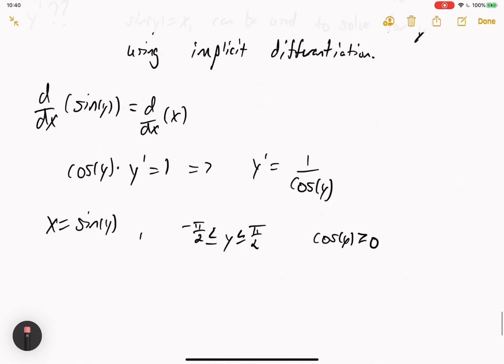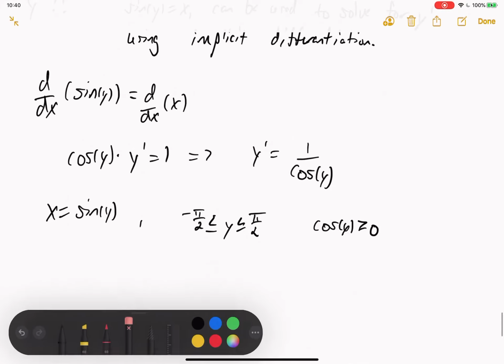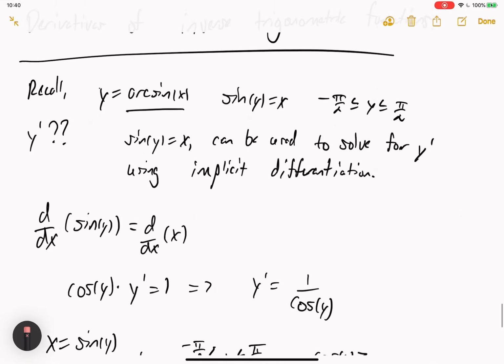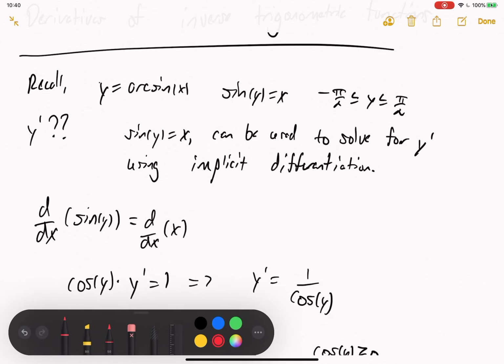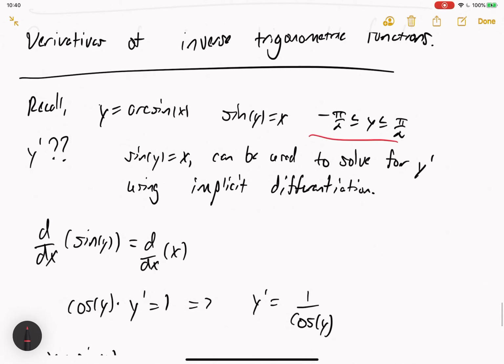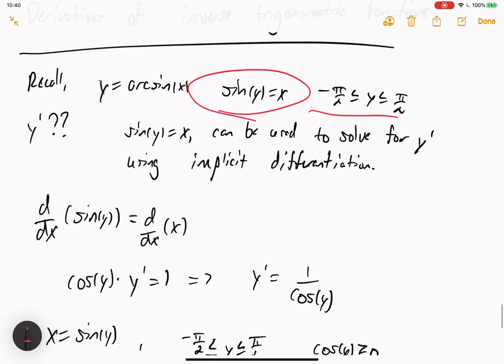Okay, so let me just go over the setup again. Here we define y is equal to arcsine of x. And because of how these functions are defined, especially inverse functions, y has to be between negative pi over 2 and pi over 2, and also x is equal to sine of y.